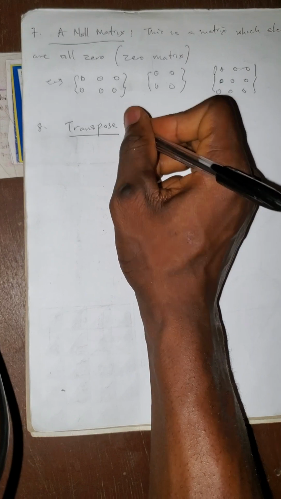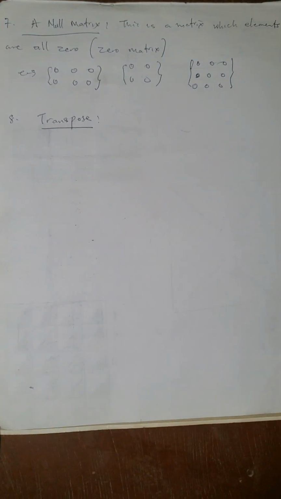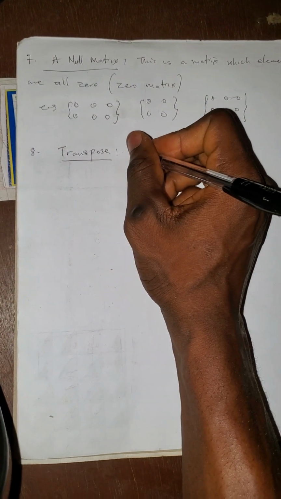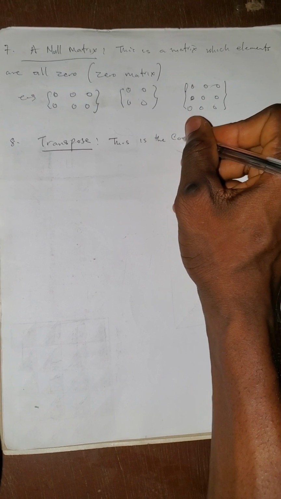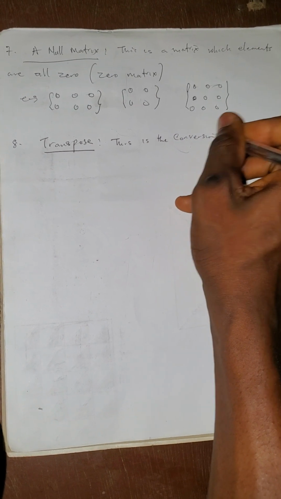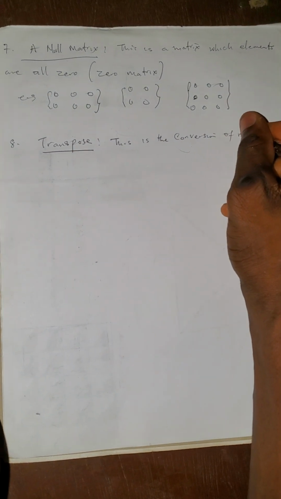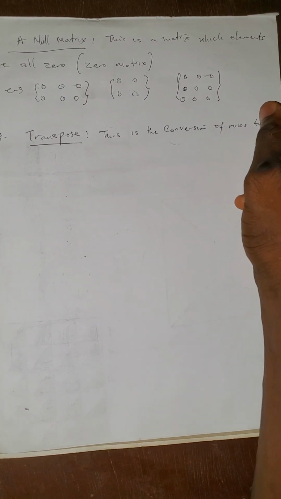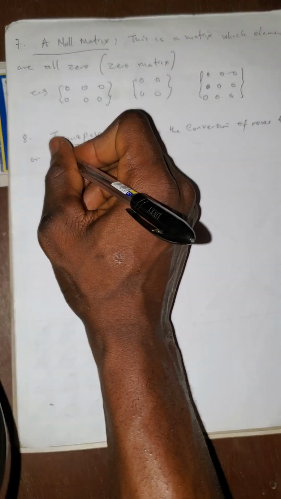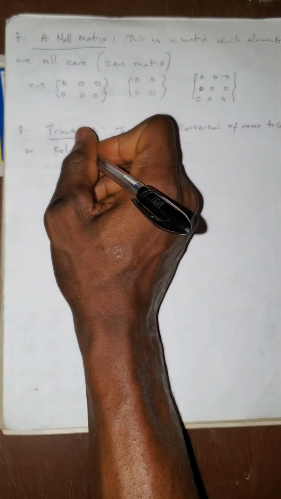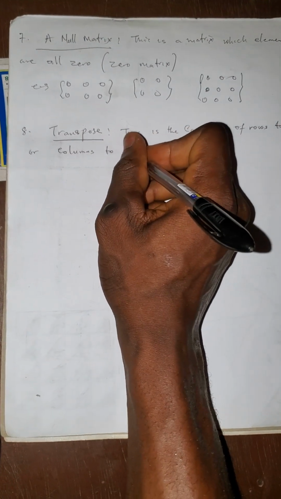Number 8, we talk about the transpose of a matrix. This is the conversion of rows to columns, or columns to rows.